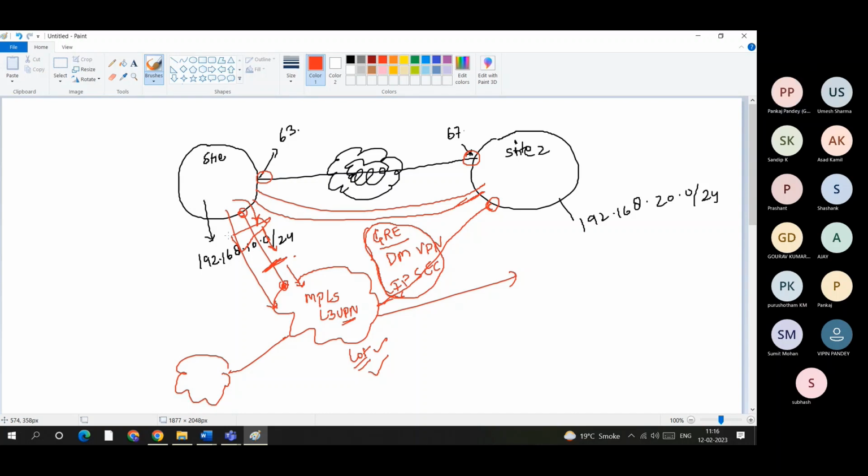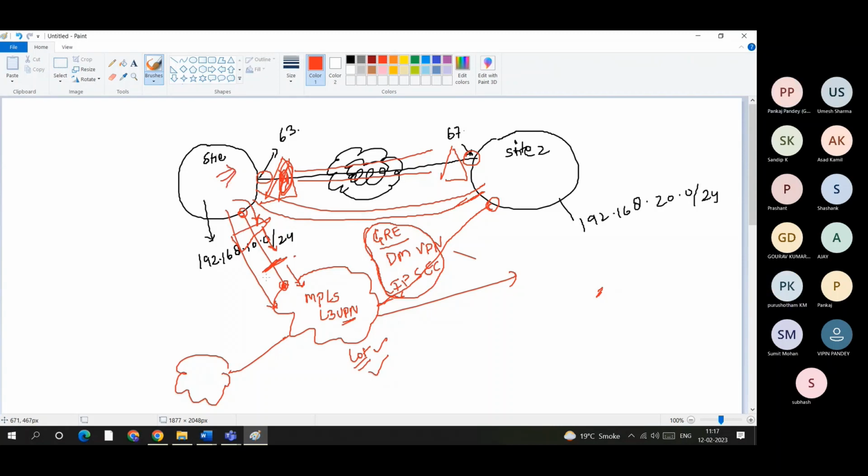Suppose I have not done these configurations, not the GRE, DMVPN, nothing. What are we going to do? We put in SD-WAN and configure it properly, and it makes an IPsec tunnel itself here. Now this SD-WAN goes down. What happens? You lose this site.